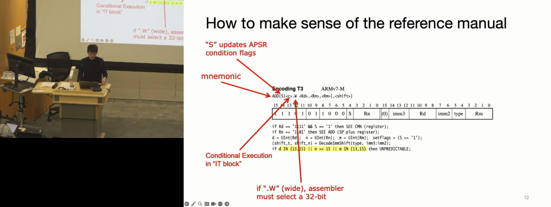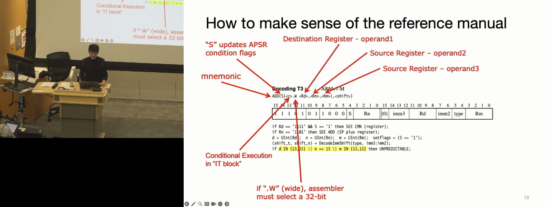And then we also have the W, which will enforce the instruction to be a 32-bit encoding versus a 16-bit encoding. It's just a few bits within the instruction that tell you which type of instruction it is, because in our instruction set, Thumb-2, we can do both 16-bit and 32-bit.